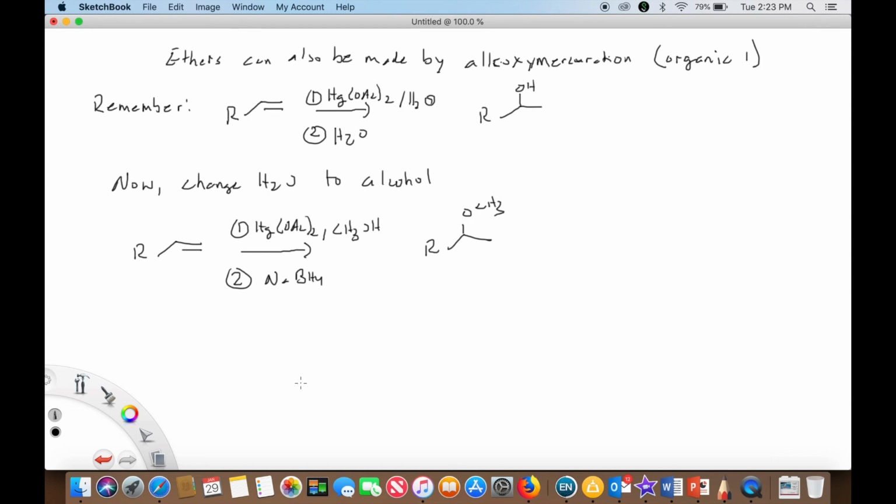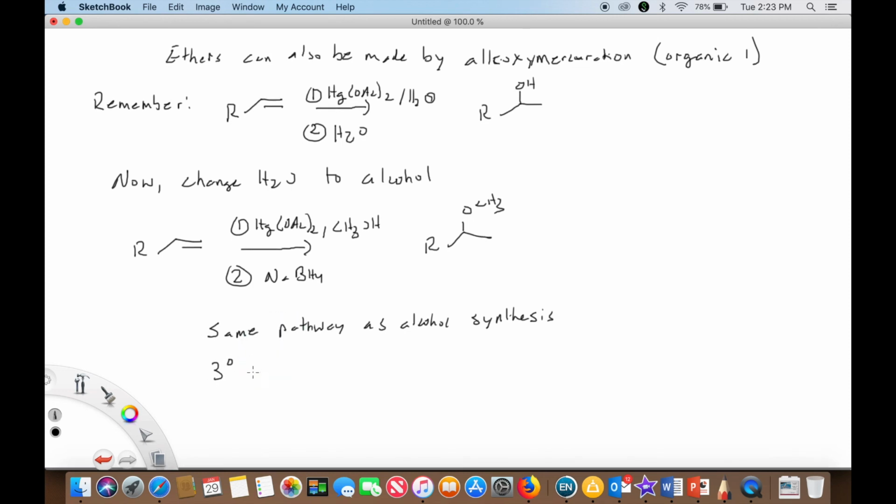So we can still use things that we learn in Organic 1 to accomplish the necessary synthesis of ethers that we see here. Again, it's the same pathway. Nothing really is different. It's just that we're using an alcohol. So it's the same thing as if you were to use alcohol synthesis with water. One thing to note, though, is that tertiary alcohols do not work for this.